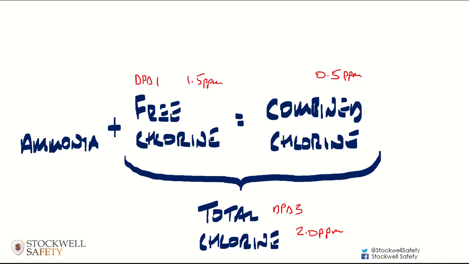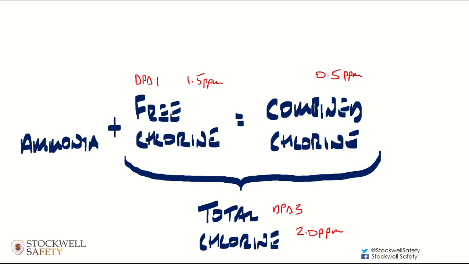Now, you need to know what the combined chlorine is because you need to control it. Think of combined chlorine as a byproduct, a somewhat unwanted byproduct of the chlorination process that has got no value, but you just kind of have to put up with the fact that that's what happens with chlorine. But you don't want the combined chlorine levels to rise too high.